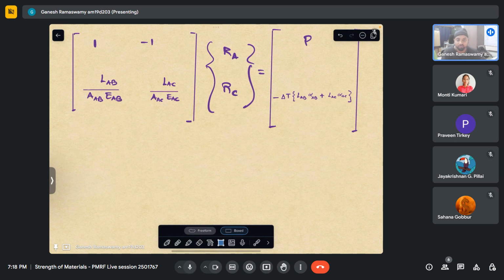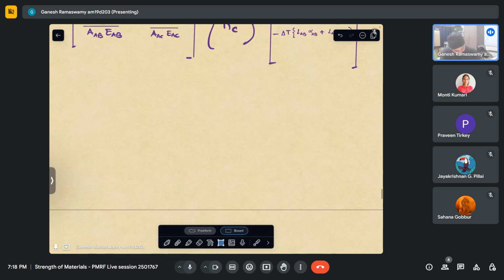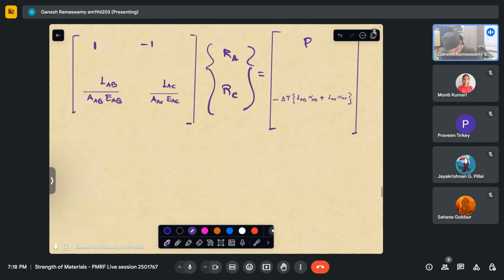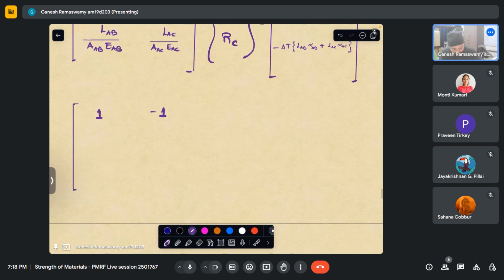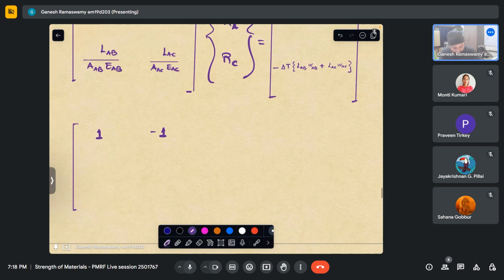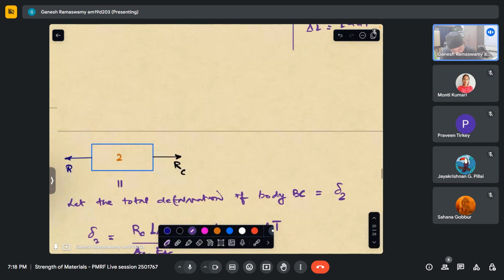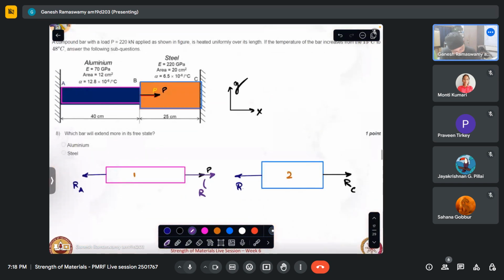So let us do that quickly in the interest of time. So this is just 1 minus 1. L_AB from the question, in fact, let me state it here. L_AB is 40 centimeters.